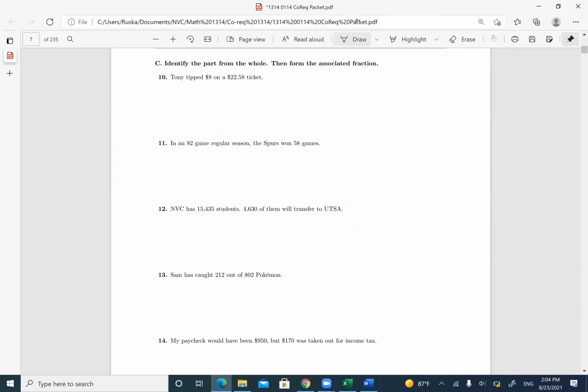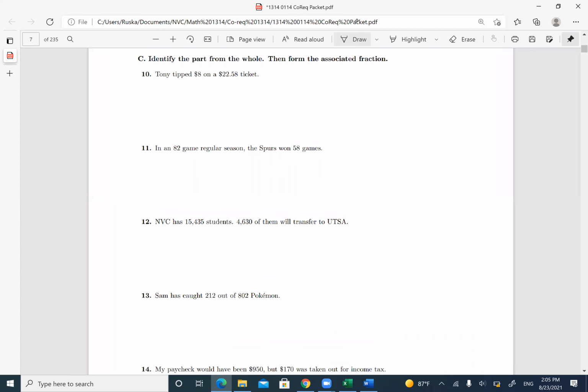Okay, so here we have another concept. We have to identify the part from the whole, then form the associated fraction. So here we have number 10. It says Tony tipped $8 on a $22.58 ticket.